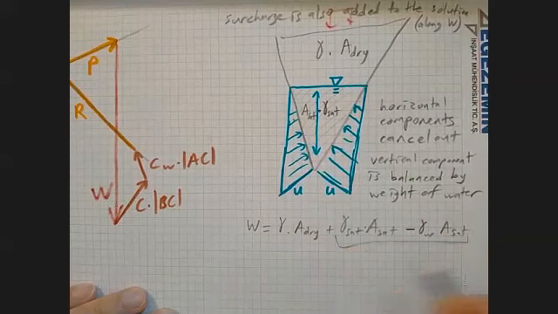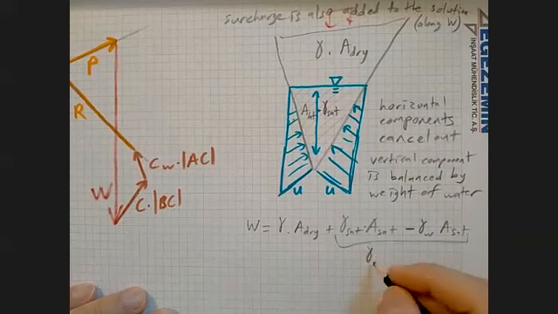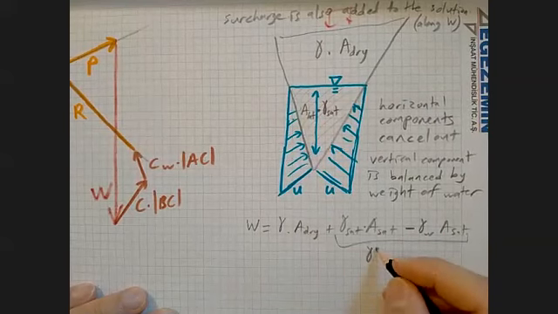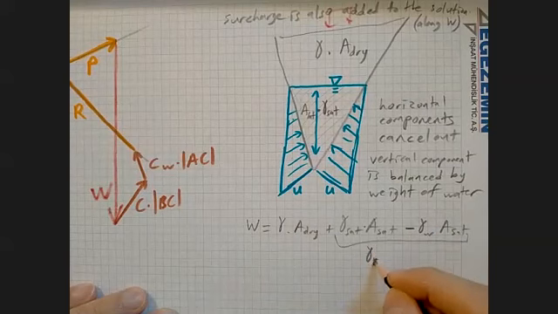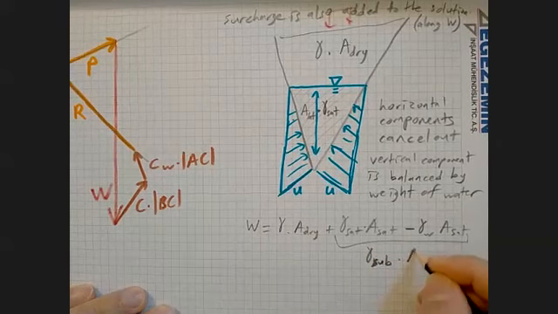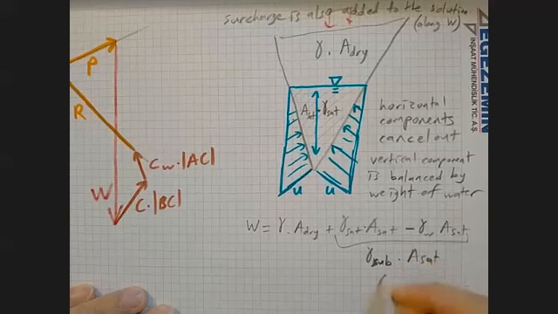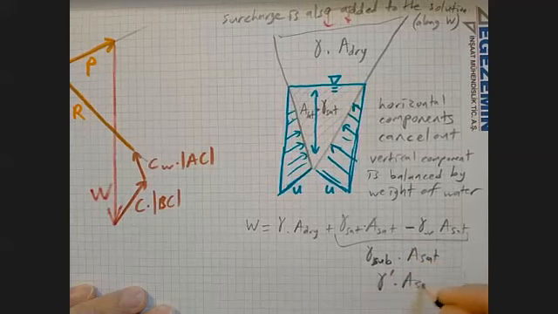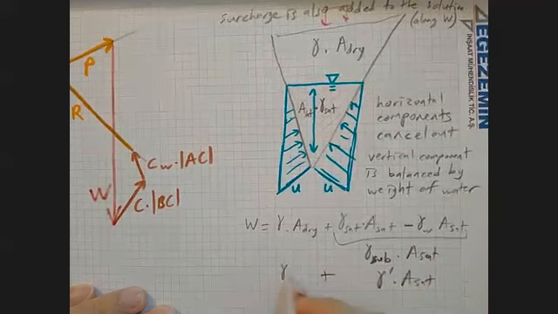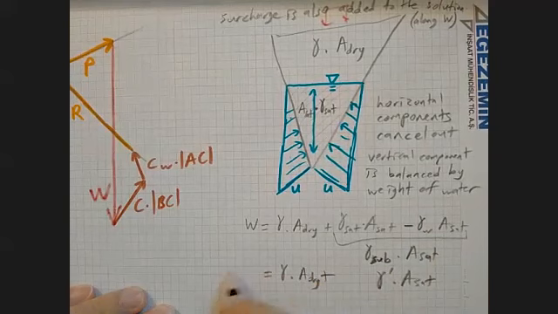So what is this? Gamma submerged times area sat, also called gamma prime times area sat. This plus gamma times A dry, I can call that weight prime then.